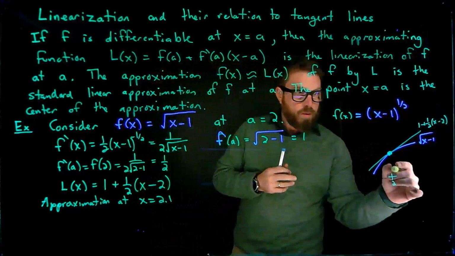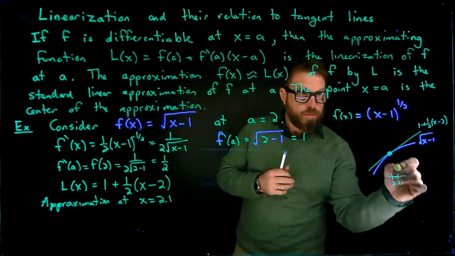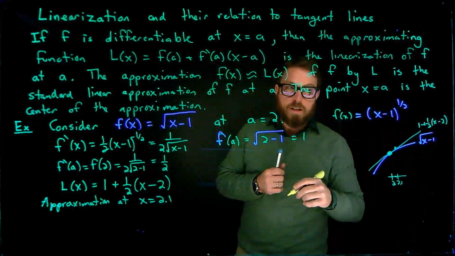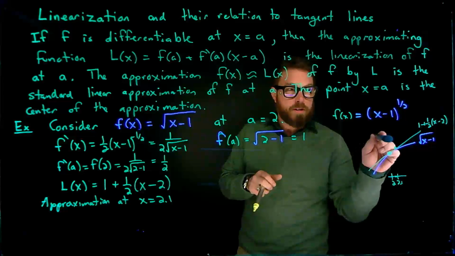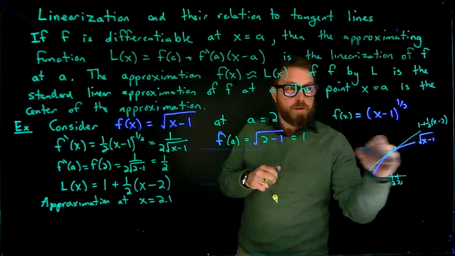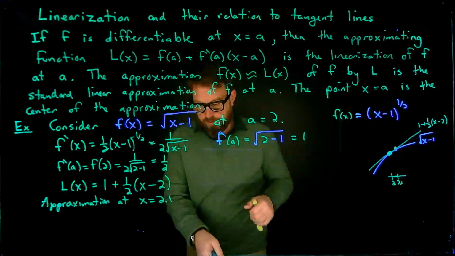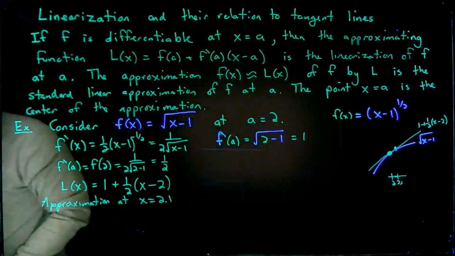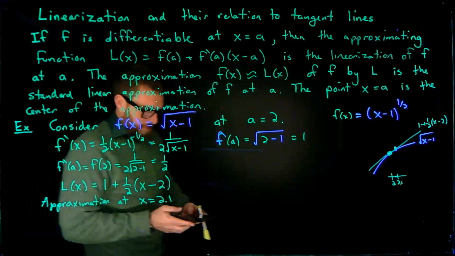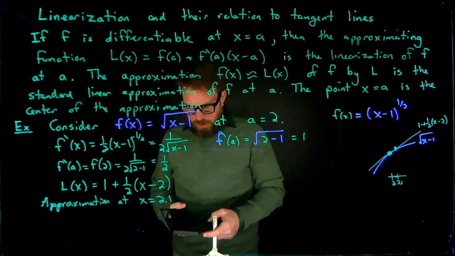Now, I know 2.1 is going to be right over here, so this is our 2.1. The output in the linearization is going to be slightly bigger than the output of the blue function, so there'll be a little bit of error here, but probably not much. I'll just plug it in using a calculator.